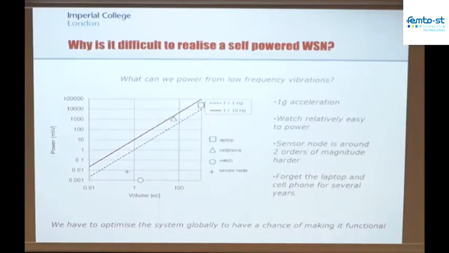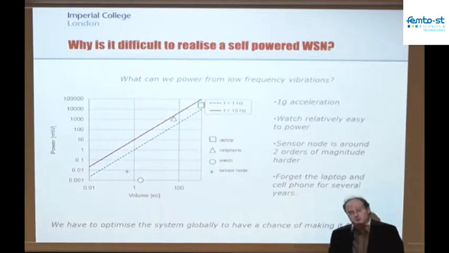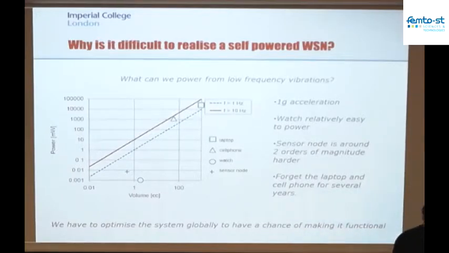And people are always talking about, can I have a self-powered laptop, can I have a self-powered mobile phone, and obviously the watch is something that's well known, and the sensor node is always the type of thing in research that we're trying to make as a self-powered setup.